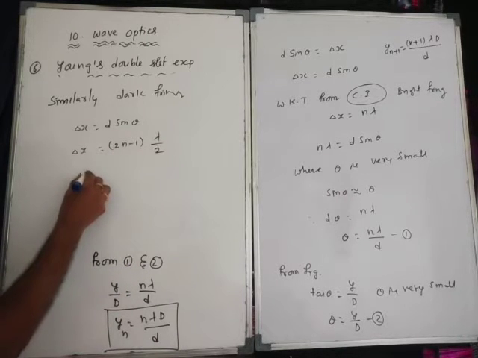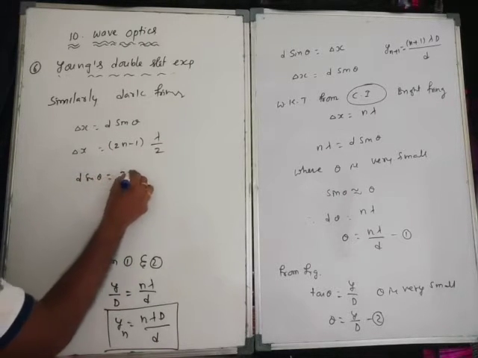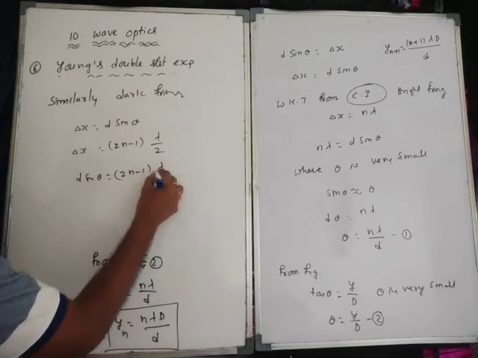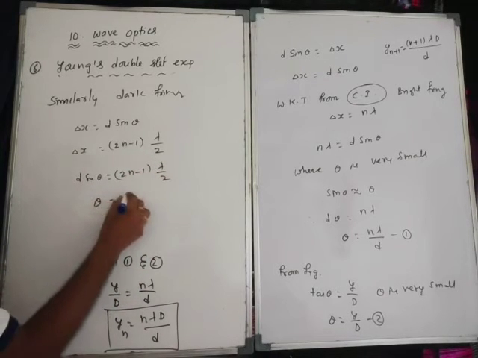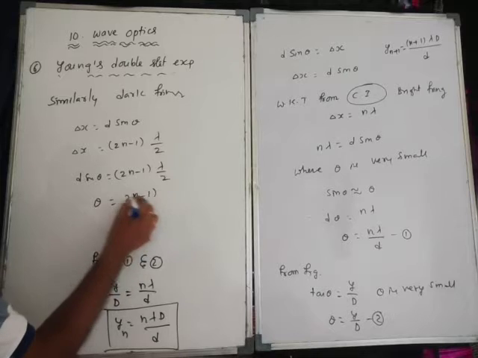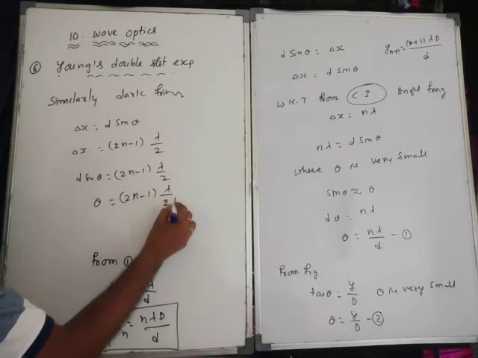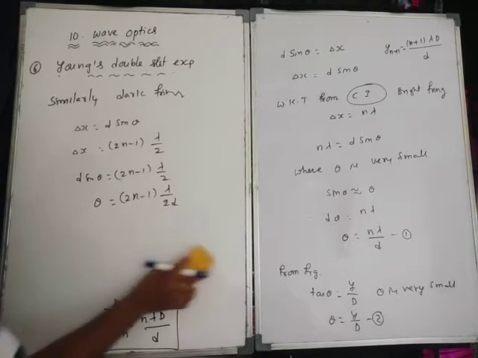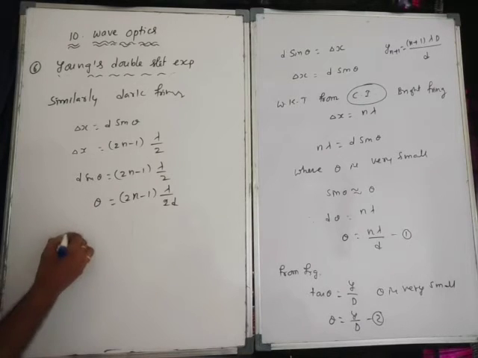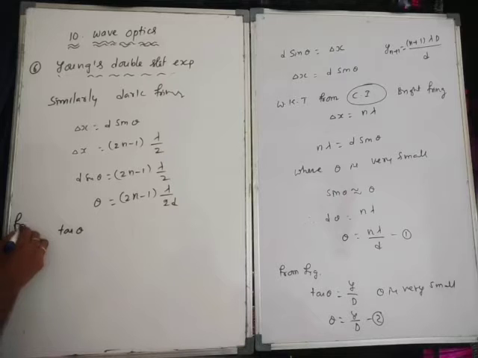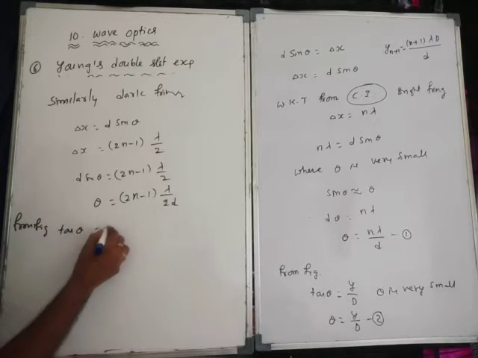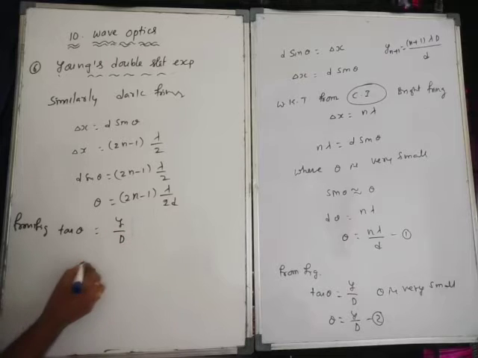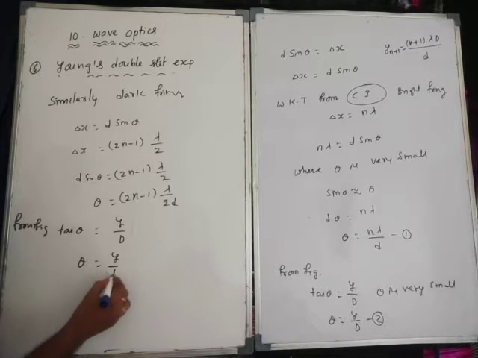So d sin theta is equal to (2n minus 1) lambda by 2, so theta is equal to (2n minus 1) lambda by 2d. From the figure, tan theta is equal to y by D, so theta is equal to y by D.